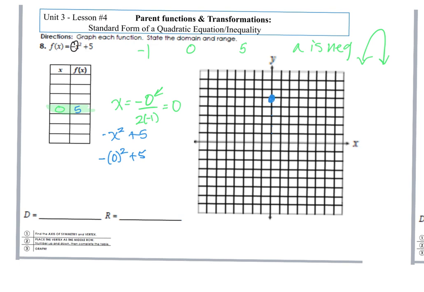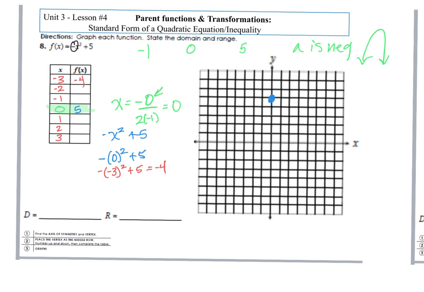And again, I know that my arrows will end up going down because we had a negative leading coefficient. Next I'm going to plug in my x values. To the left of 0, I have -1, -2, -3. To the right of 0, I have 1, 2, and 3. So plugging in -3 first, I get negative, and then -3 in the parentheses squared plus 5, and we get -4 for y.